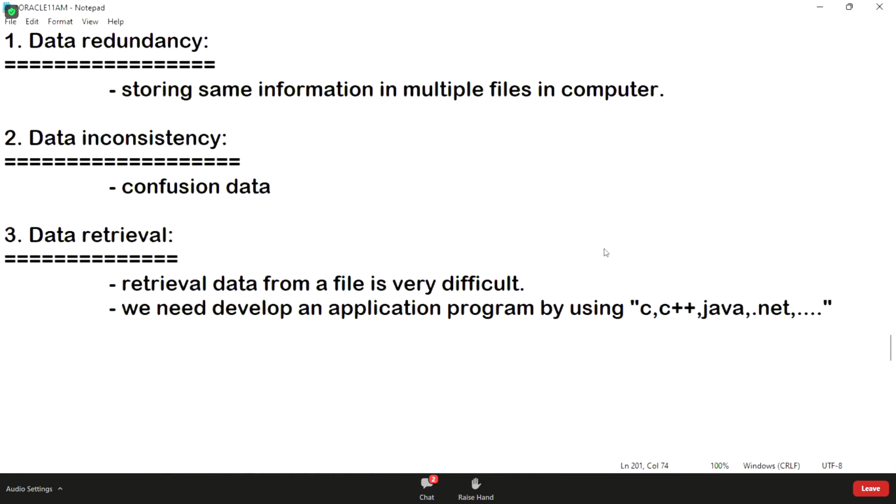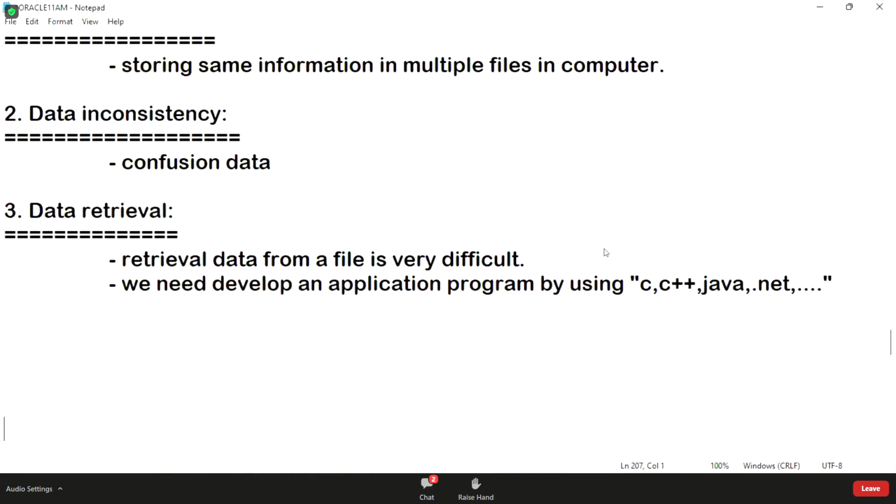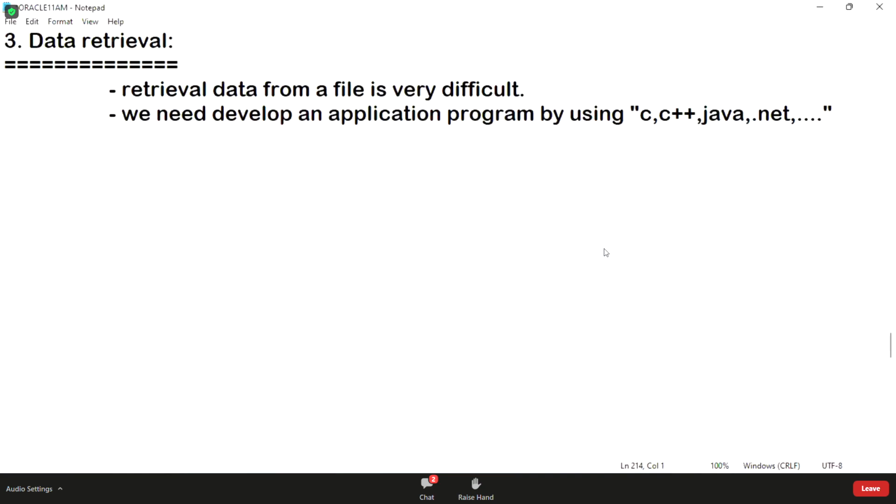But this is very, very difficult. But the same question, guys: if I want to retrieve the same data from the database, I don't need this knowledge. The first point, remember.